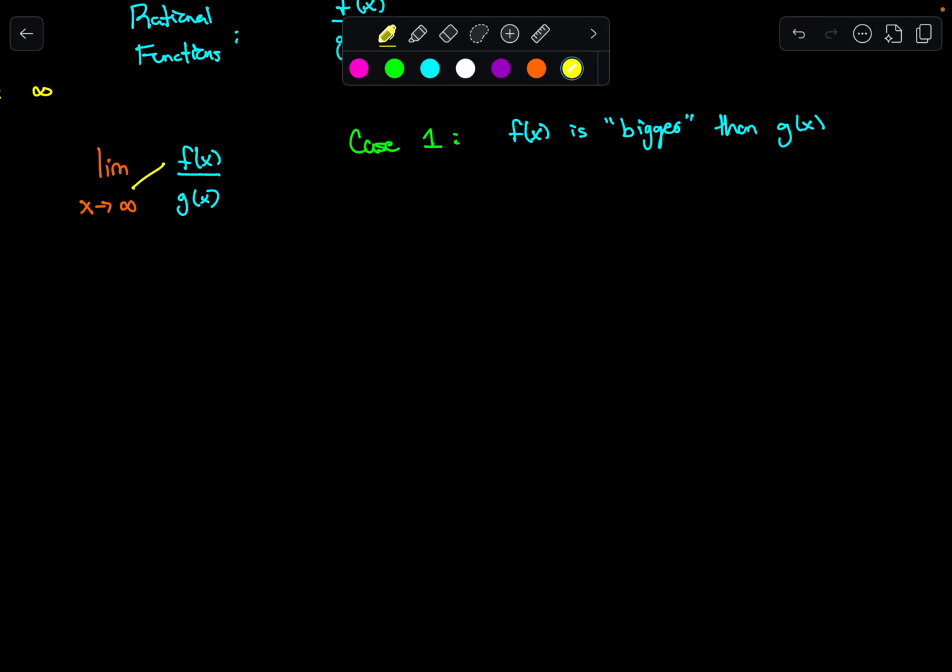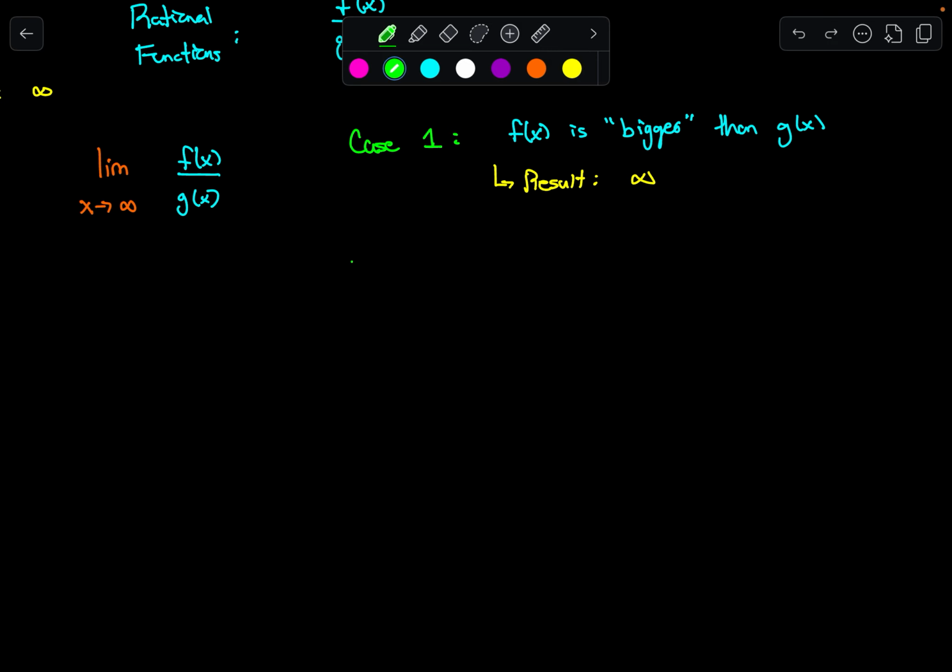I'm talking like this goes to infinity while this thing is moving super slow. Hopefully you can imagine that in this case where f of x is quote-unquote bigger than g of x, since the numerator is so large, we're going to get infinity. We would expect whatever this graph looks like to grow in the long run. That's what we would expect.